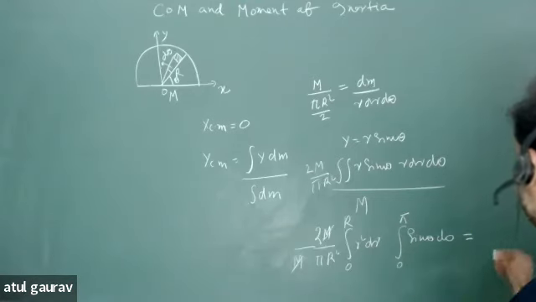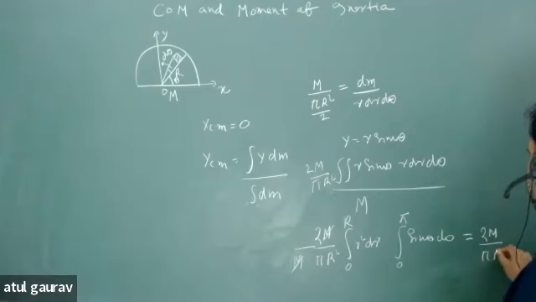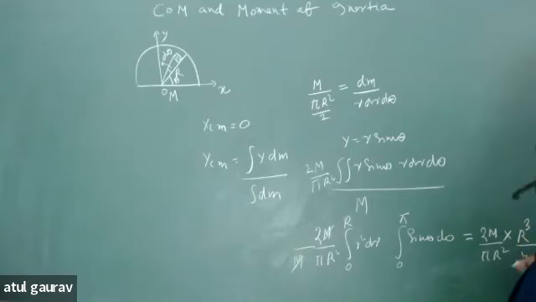So you have 2m upon pi r square, and this value is equal to r cube by 3 into 2, isn't it? The m is also there, so we can remove it. So we have 4r upon 3 pi.